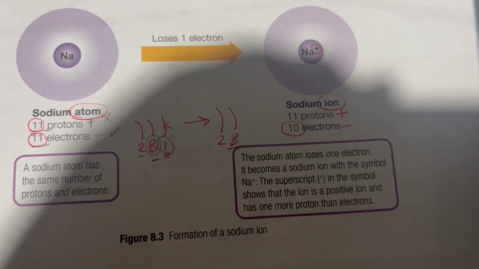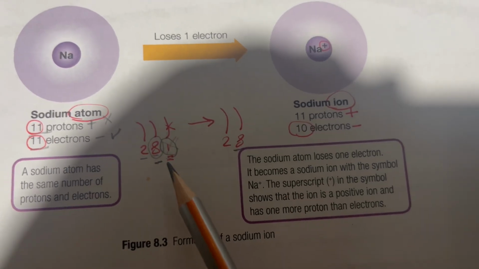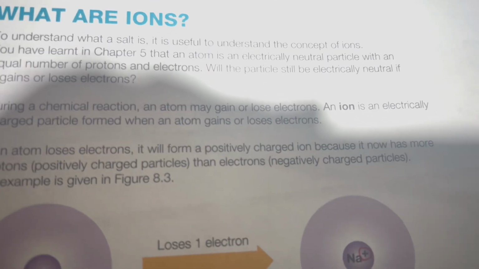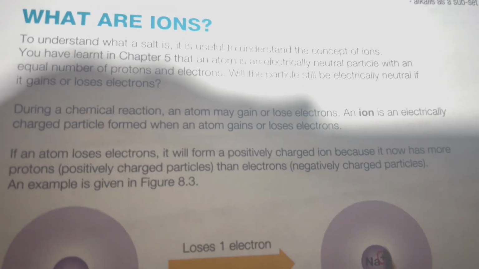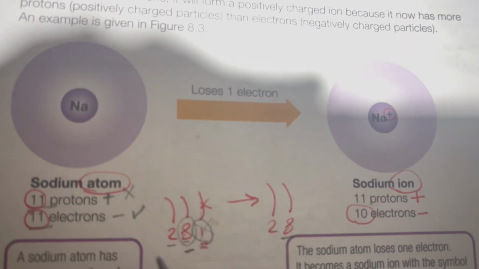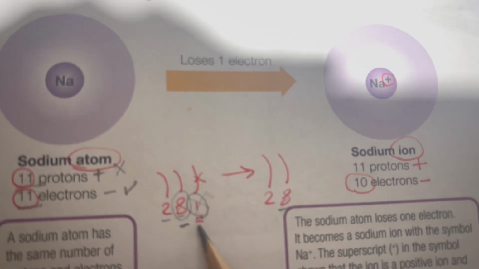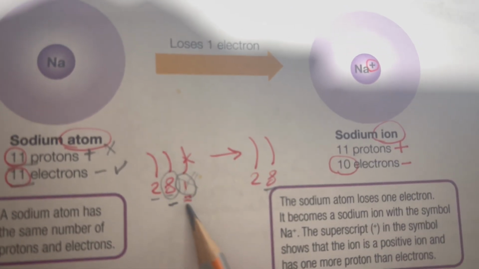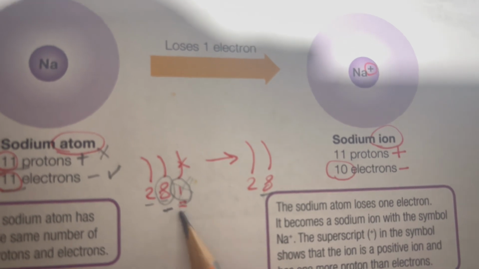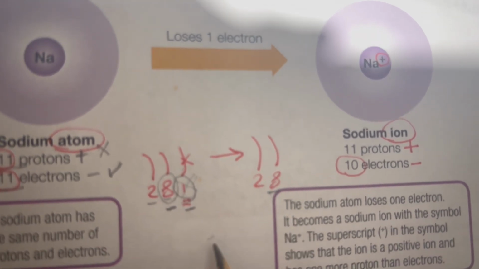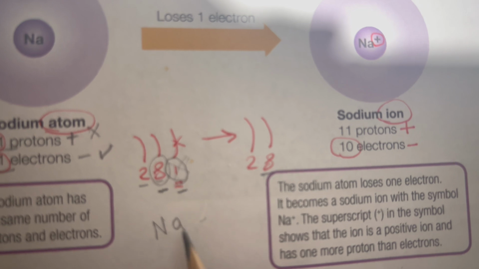So positive ions are formed from metals. If the ions are positive, that means they lose electrons. So they lose the outermost shell electrons, which are called valence electrons. And according to the number they lose, they form an ion. Like here, that was the sodium atom, normally Na.